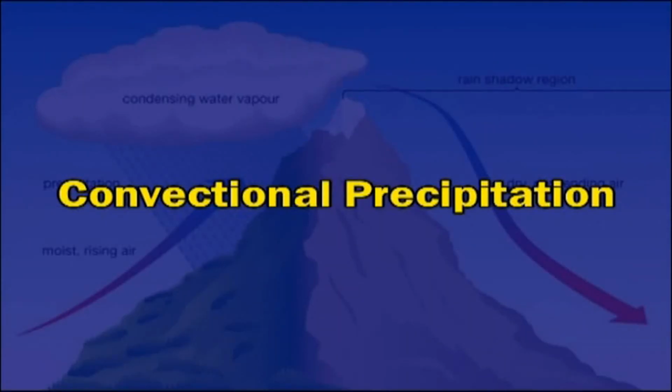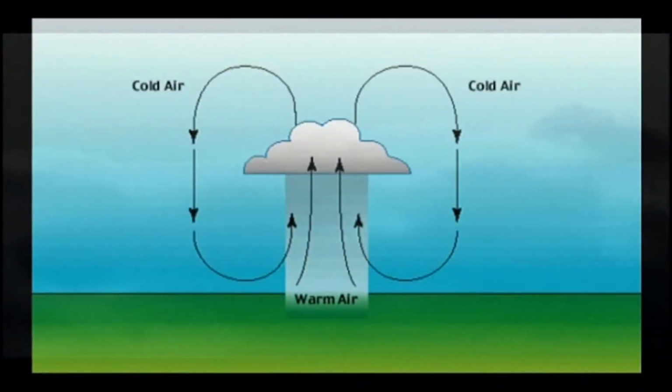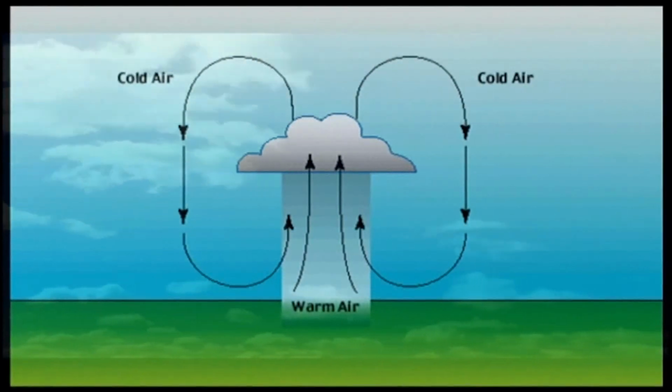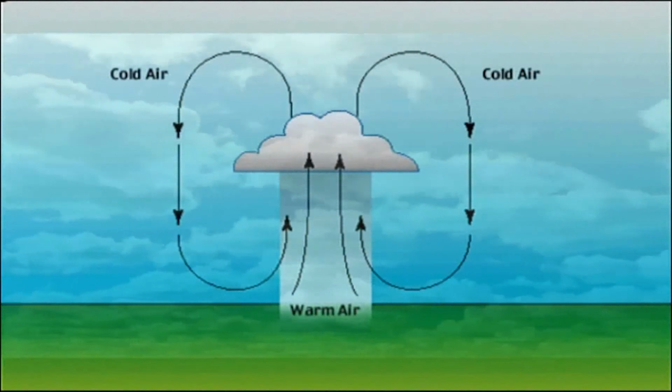Coming to convectional precipitation. Convective precipitation is also known as thermodynamic precipitation. Convectional precipitation results from the heating of the Earth's surface. The warm ground heats the air over it. As the air warms, the air molecules begin to move further apart.